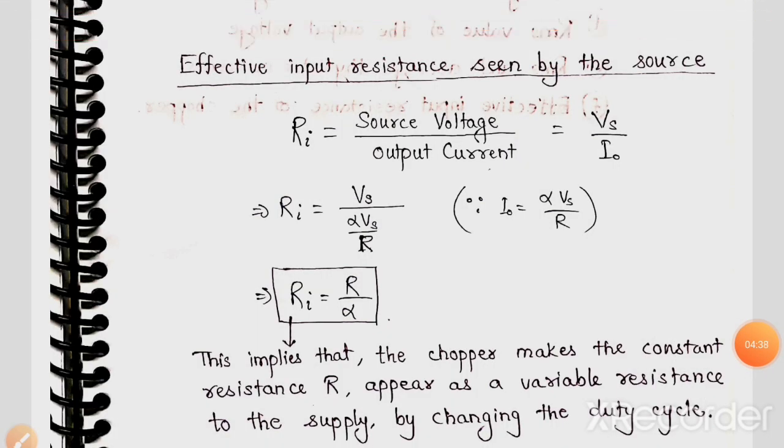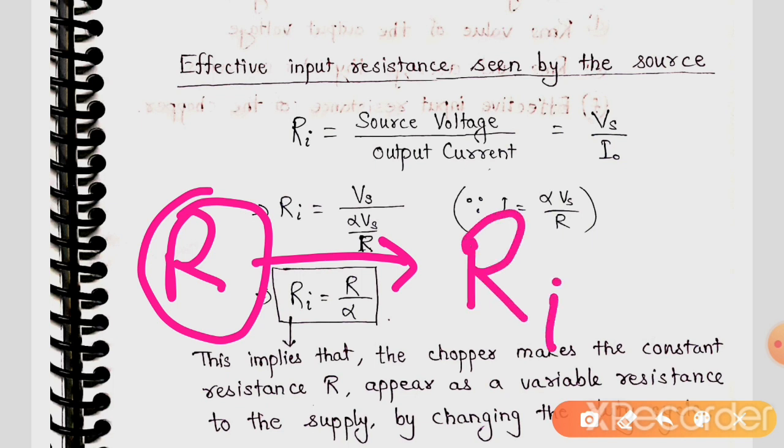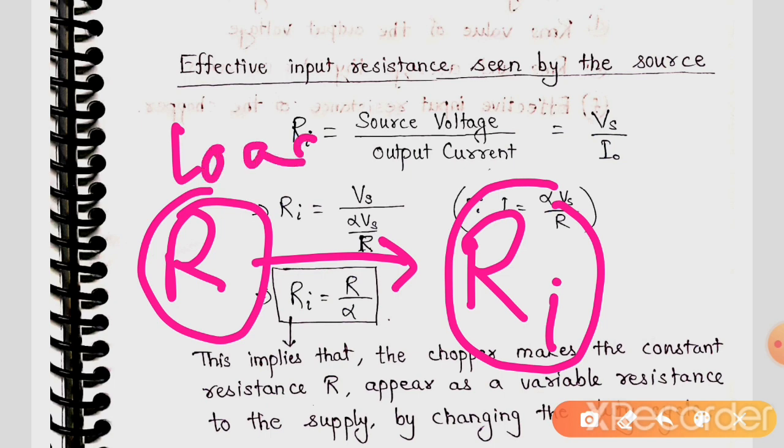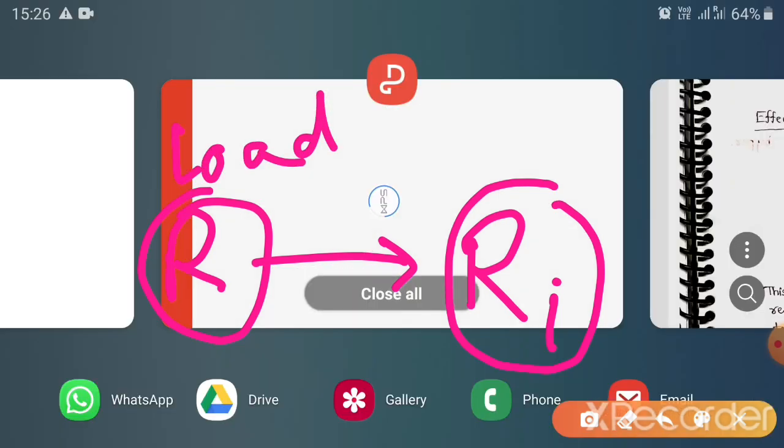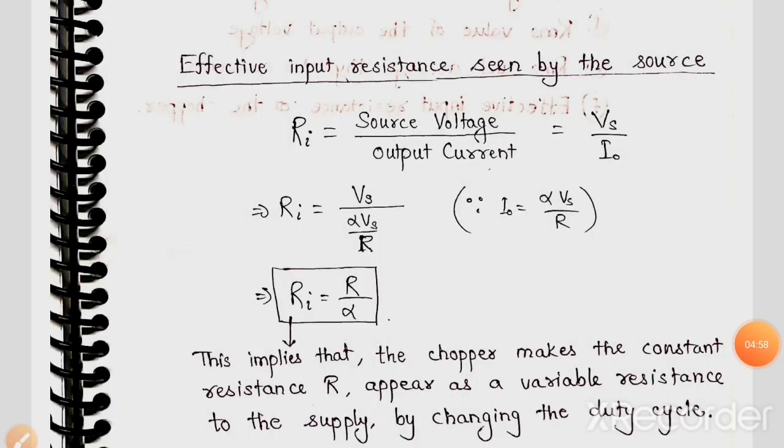We know that the load resistance R is constant, but this appears as variable resistance to the source.